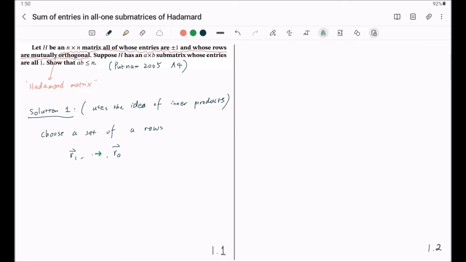We put arrows above them to denote that they are arrays, not just numbers. So how do we choose them? We choose them so that they contain a submatrix whose entries are all 1.